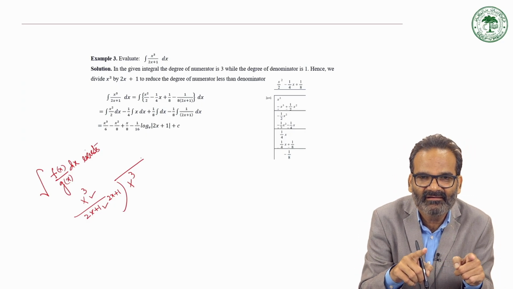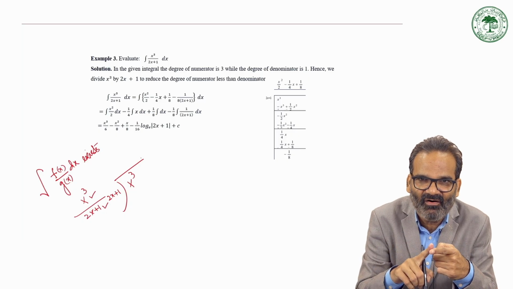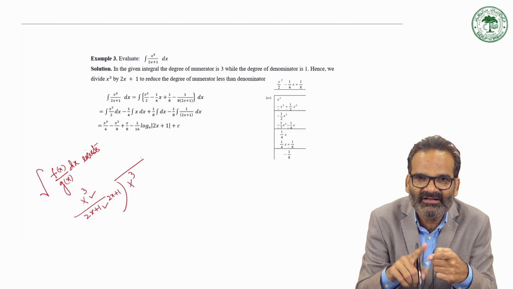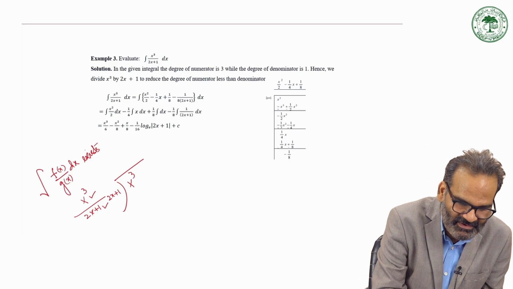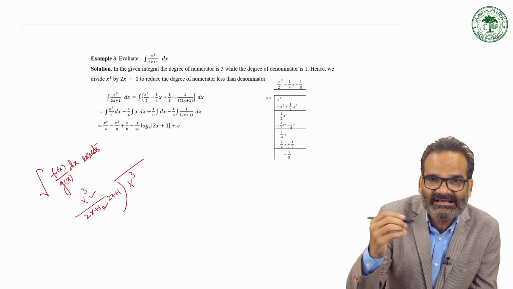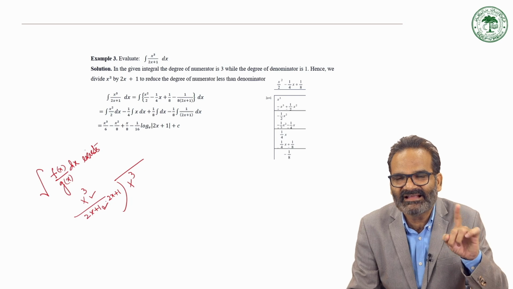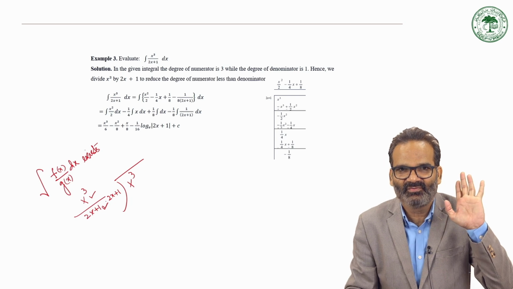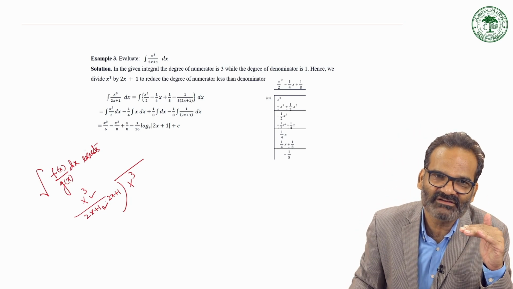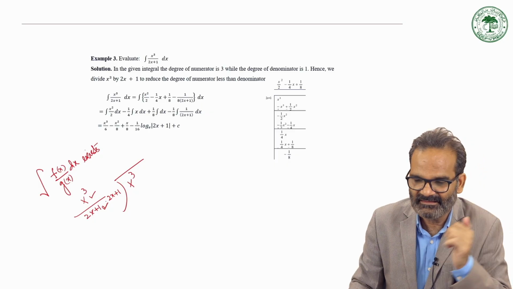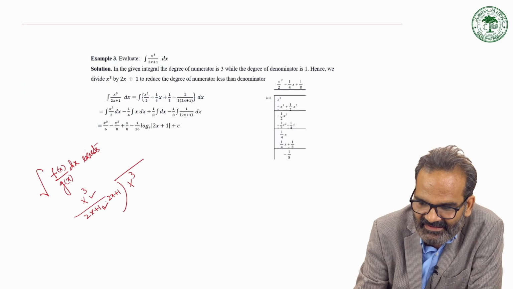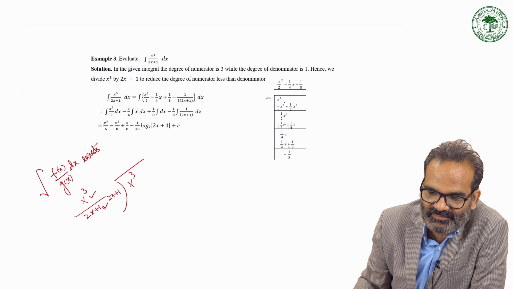Let me repeat again. The process of division will continue till the degree of the remainder is less than the degree of the denominator. It means here the degree of the denominator is 1, so the degree of the remainder should come out to be less than 1, that is 0. When the degree of the remainder comes out to be 0, then the division should be stopped, right? So see this, we are dividing x cube by 2x plus 1.